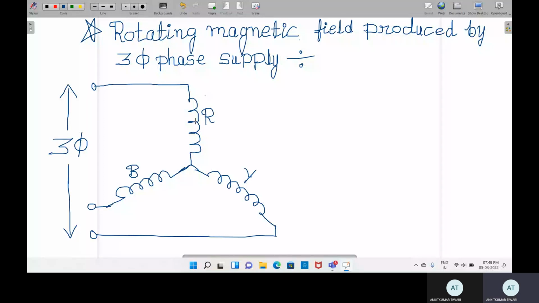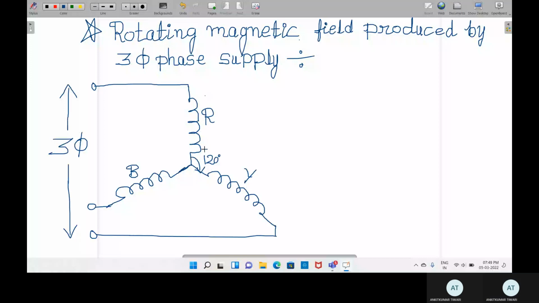And the three coils are placed at a specific angle. So let us go through that angle. Coil 1 or coil R is placed 120 degrees apart from coil Y, or coil 2.